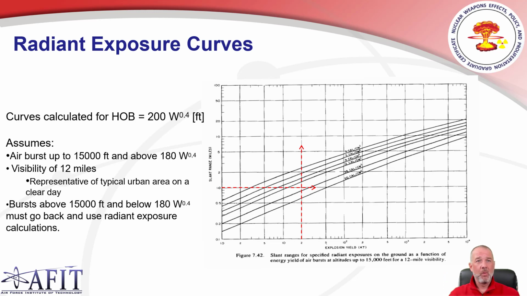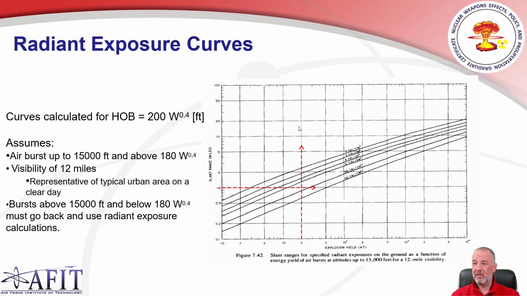So we'll talk more about that a bit later, but you can plug the numbers in and see if it fits where it should. So if the height of burst is below that particular expression or above 15,000 feet, we have to go back to that equation we just did to find out what the radiant energy, or thermal energy, is going to be.